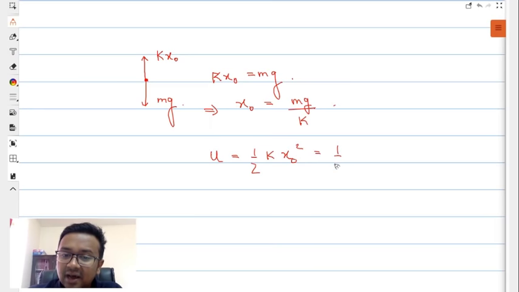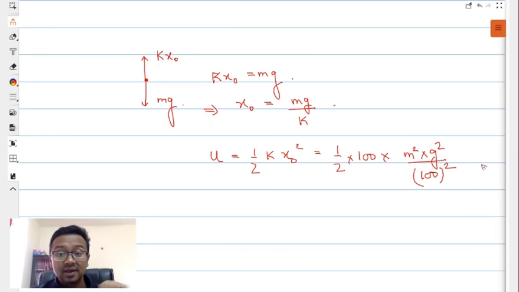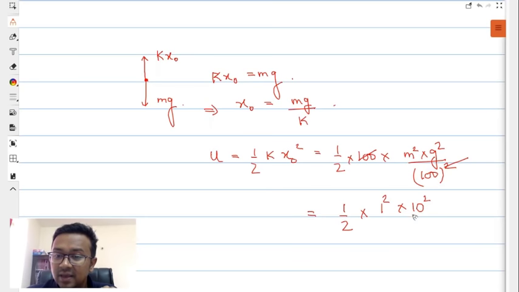That is half k, which is 100, into m square g square upon 100 square. In that case, 100 and 100 are going to cancel out. Since m is equal to 1, I can write this as half into 1 square into 10 square divided by 100. So this and this are going to cancel, so that is equal to 0.5 joules.